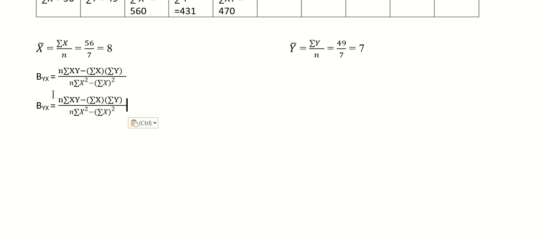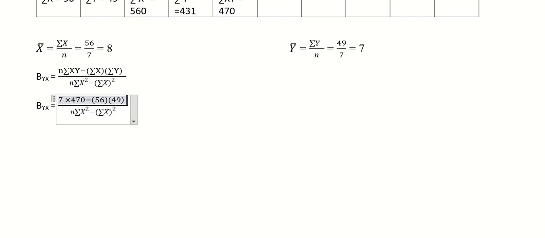So here n is 7. 7 into summation of xy we got is 470, minus summation of x is 56 into summation of y we have got is 49.